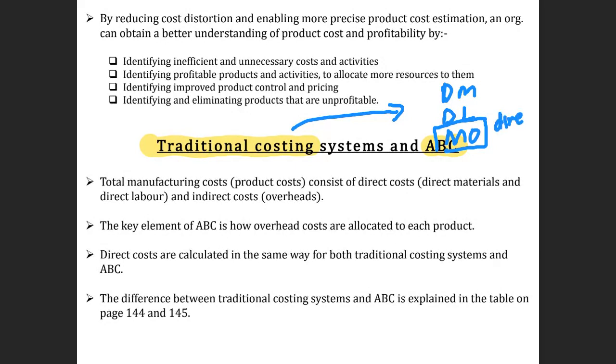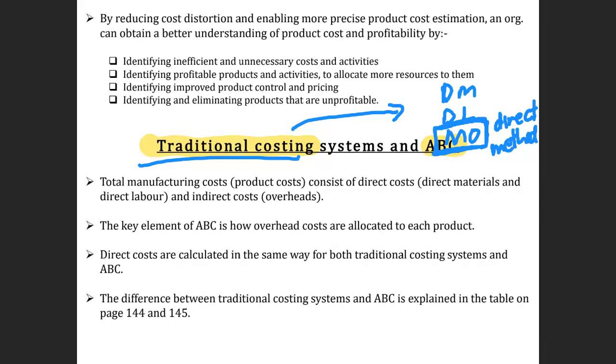If you remember in the previous lecture, we looked at the direct method, the step method, and the linear algebraic method. When we calculate the overhead costs under the traditional costing method, it is almost identical to the direct method that we saw. So we're going to repeat it, and we'll look at that very quickly here.